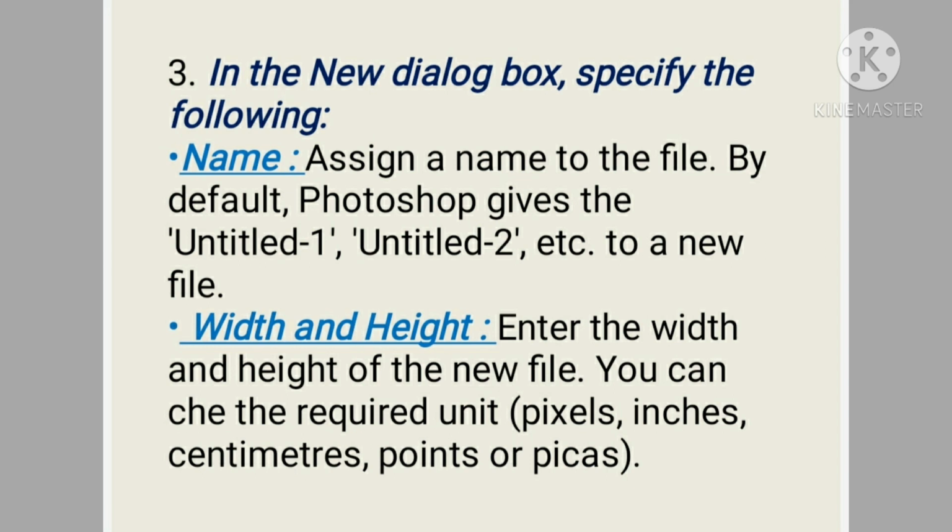By default, Photoshop gives names like Untitled 1, Untitled 2, etc. to a file. Then we have to give the width and height. We have to enter the height and width of the new file. You can choose the required unit in pixels, inches, centimeters, points, etc.